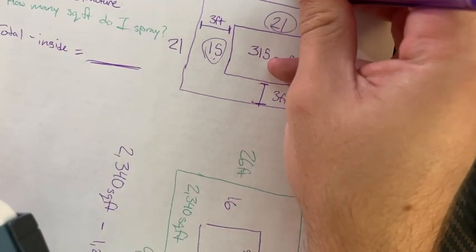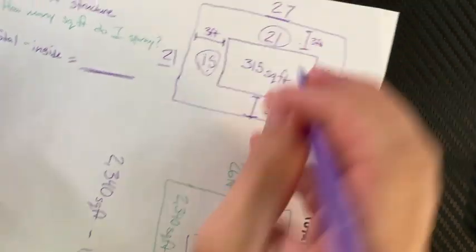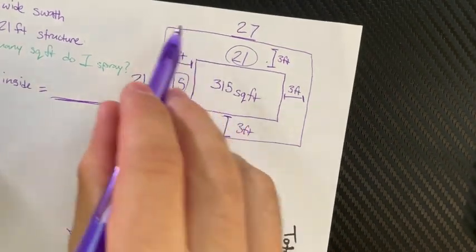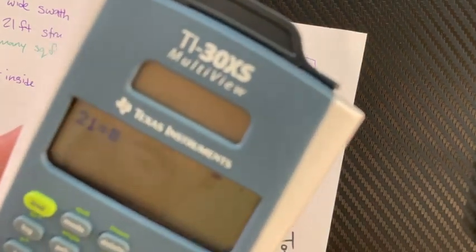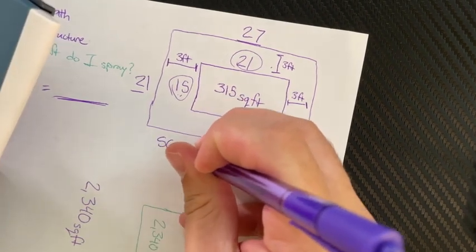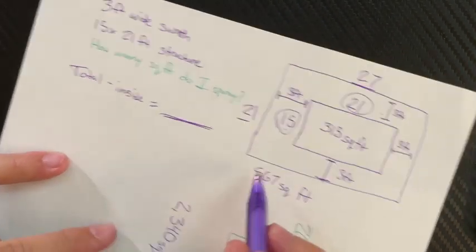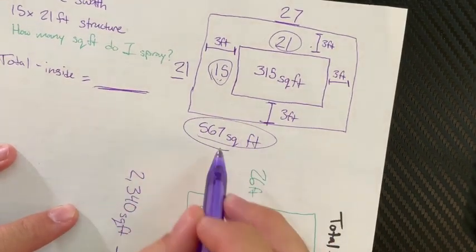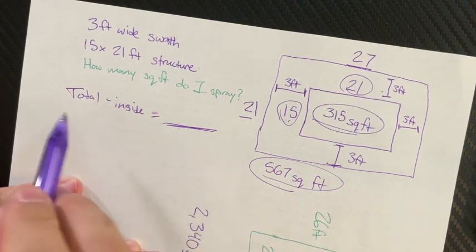Okay, so now we have a length, we have a width. We can figure out the square footage of the total area. 21 times 27, length times width, is area: 567 square feet.